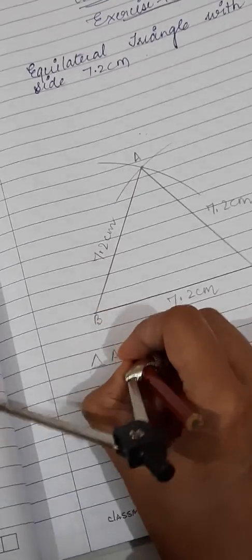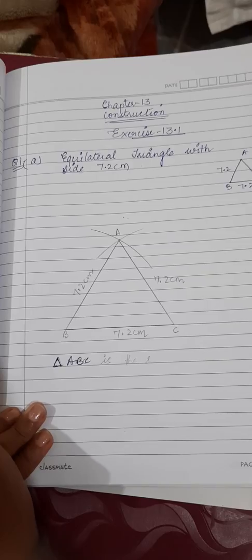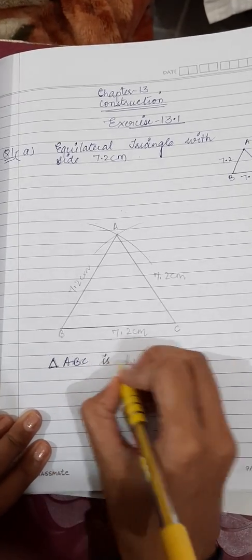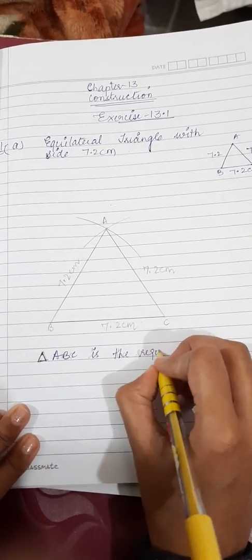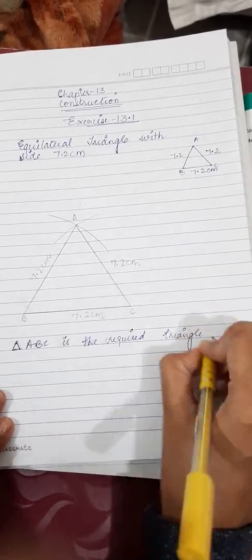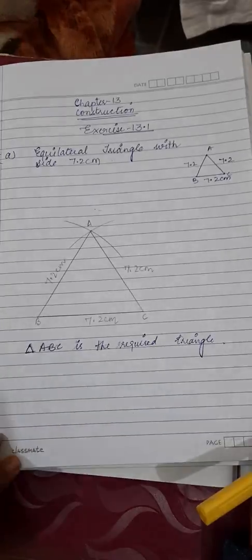And hence triangle ABC is the required triangle in this question number 1, A part. This is an equilateral triangle.